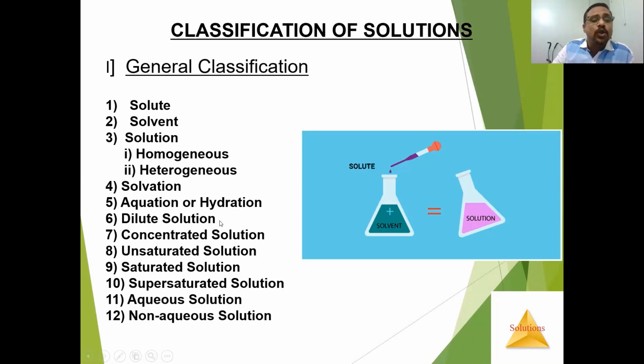Then dilute solution. What is the definition of dilute solution? First, I will tell you the definition. The solution which contains a very small amount of solute present in the given solution is called a dilute solution.